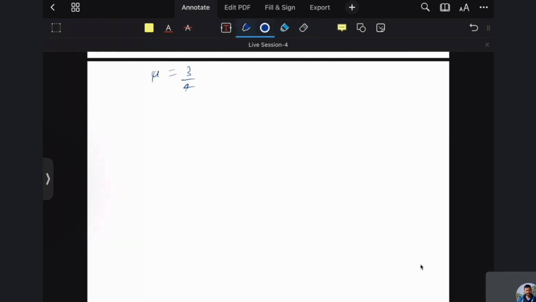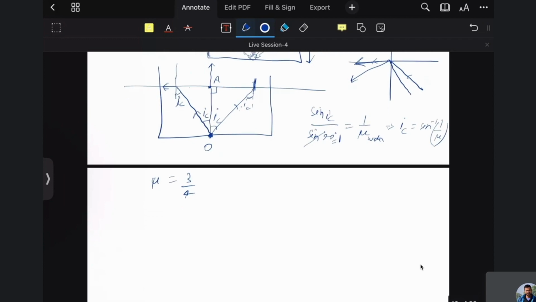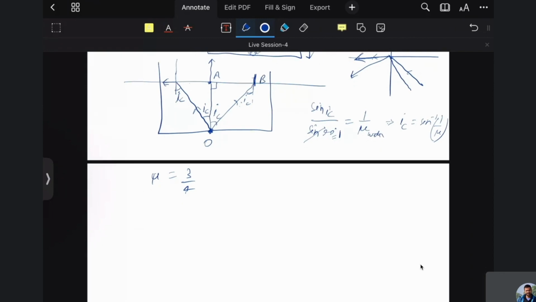Now from this figure, let's call this point B and this is O. So AB by AO is tan IC, because this is a 90-degree angle, this is the hypotenuse, this is the perpendicular and this is the base, and their ratio is just tan theta.